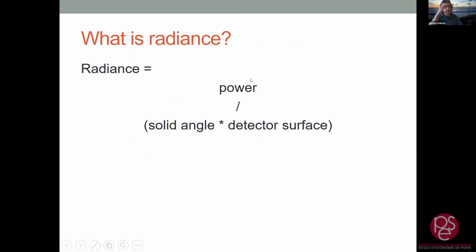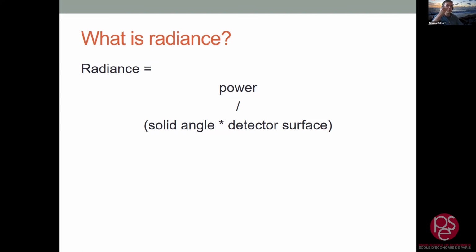The power itself is equal to the energy of all the photons that arrive on the detector divided by the time of the measurement. So power is already a physical quantity of the energy normalized by the time of the measurement.